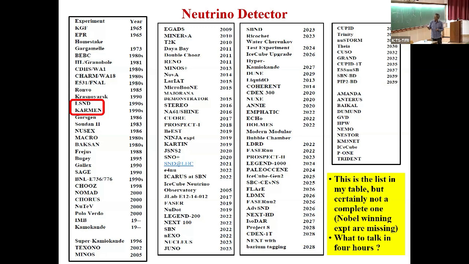These are two experiments I just put here, LSND and KARMEN. They were done in the 1990s, when I was a graduate student, and they were essentially the same experiment: pion decay to muon decay to electron, producing neutrinos, and asking whether the neutrino oscillates or not.